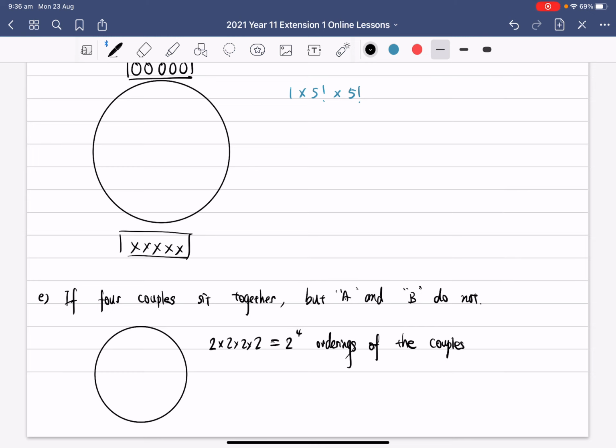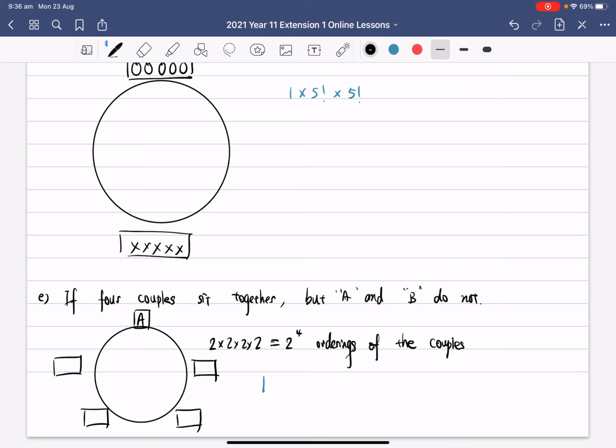So for example, person A is sitting here. Person A is fixed, so that's one way of doing it. Then we are going to place the couples. I've got 4 of them, so 1, 2, 3, 4. Those are where the 4 couples can be sitting.